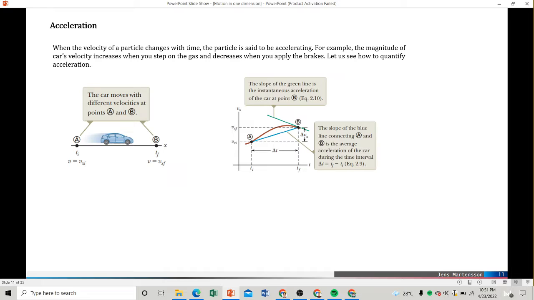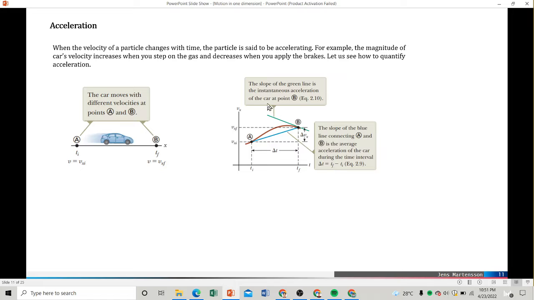So this one here, from A to B, gives the acceleration over the entire interval from A to B, in this interval change of t.